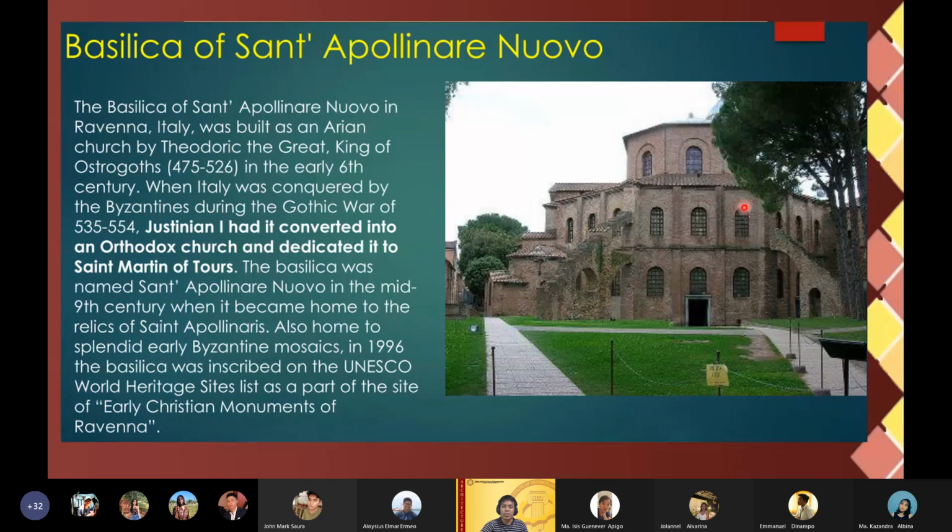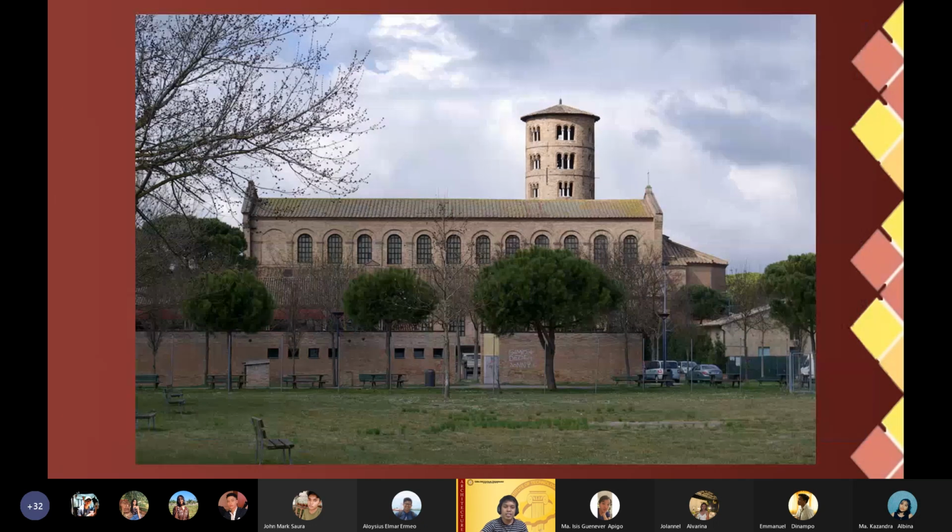Dili makita aning other picture, but this one here is a partly dome na ni siya. Domical structure right here. Another view, that one, no? Since circular siya, actually this is the drum itself, extended drum. Ibutang didto ang dome. But this dome is quite small. Gamay ra kani siya.